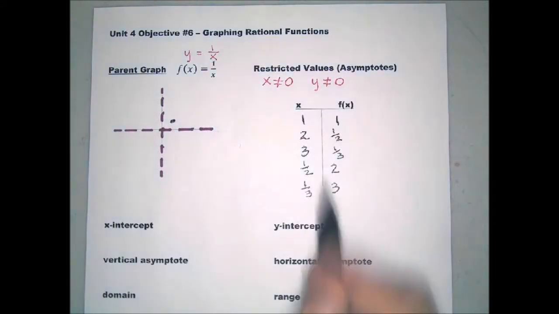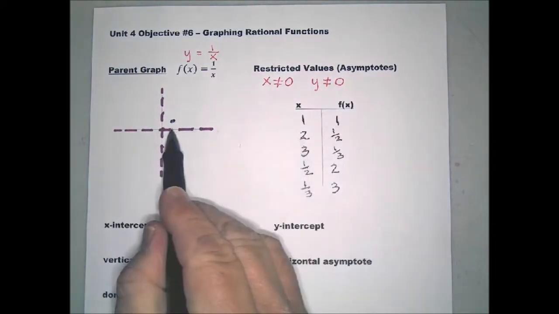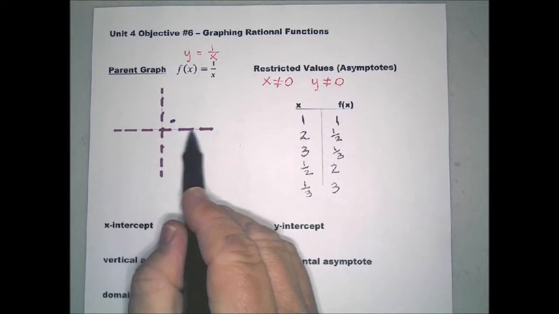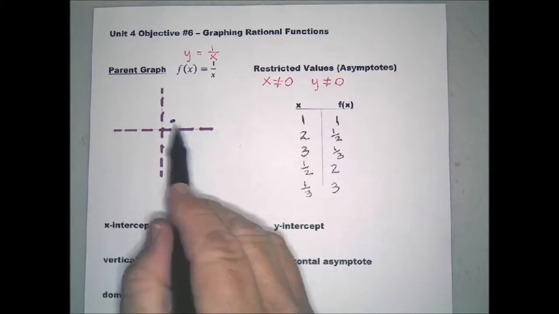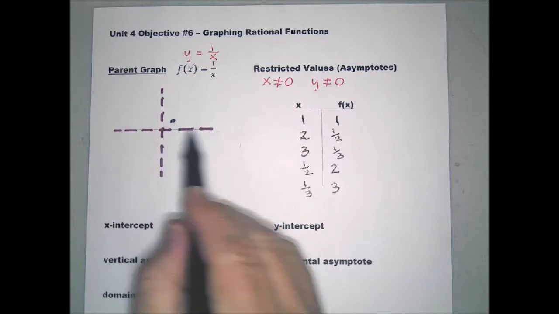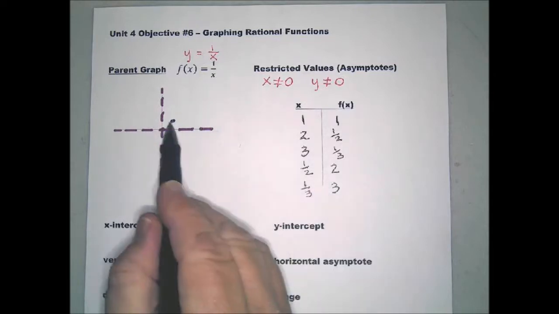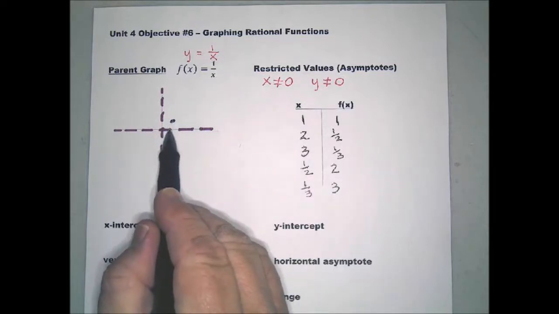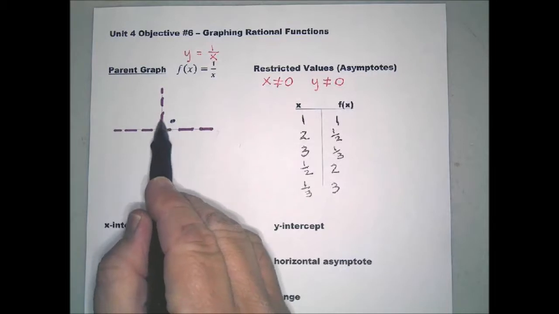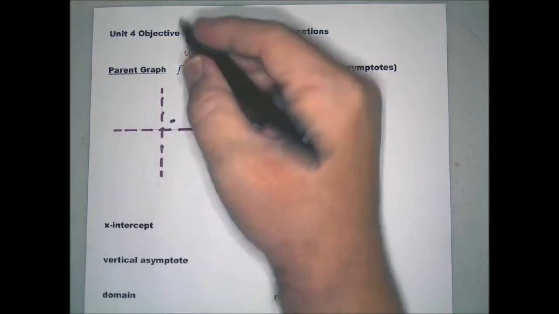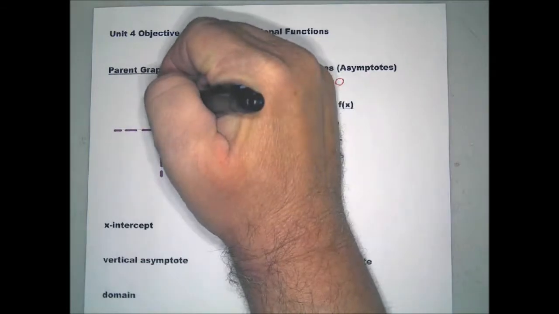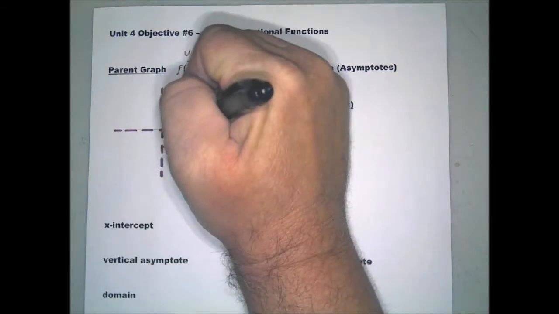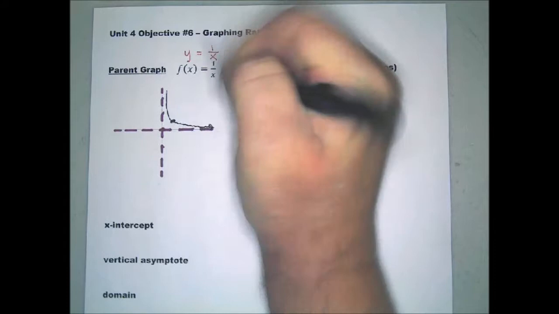Now, as my x values get larger, my y values get smaller, but they never touch this asymptote. On the other hand, as my x values get smaller, as they get closer to 0, my y values get larger, and the graph that produces looks like this, or something like that.